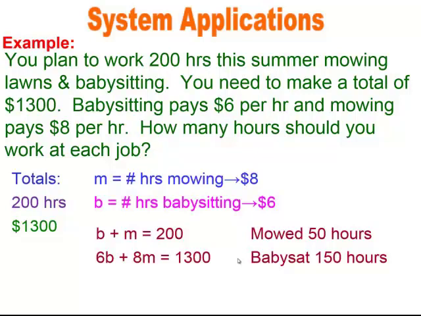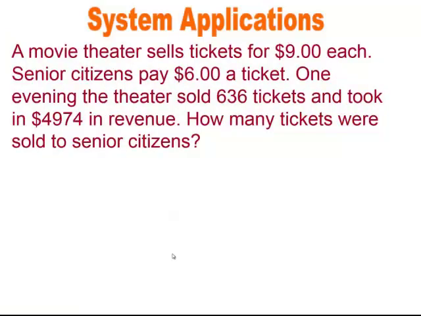Now when you're answering an application problem, you will not be writing your answer as an ordered pair, because you're actually answering the question, how many hours should you work each job? So you want to answer it by mowed 50 hours, babysat 150. Pause and try.